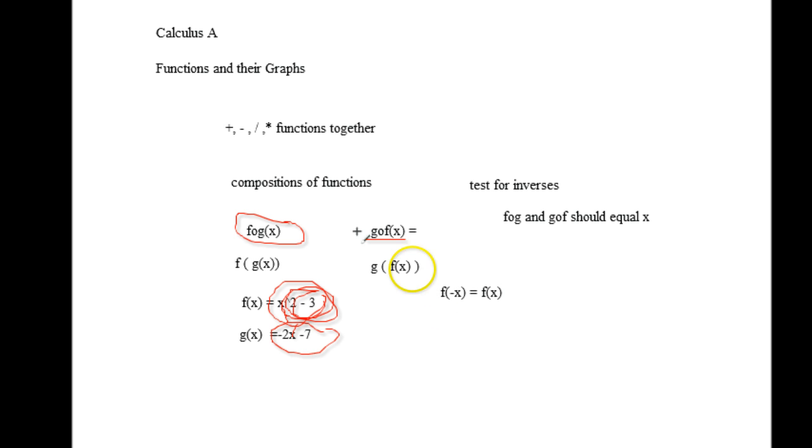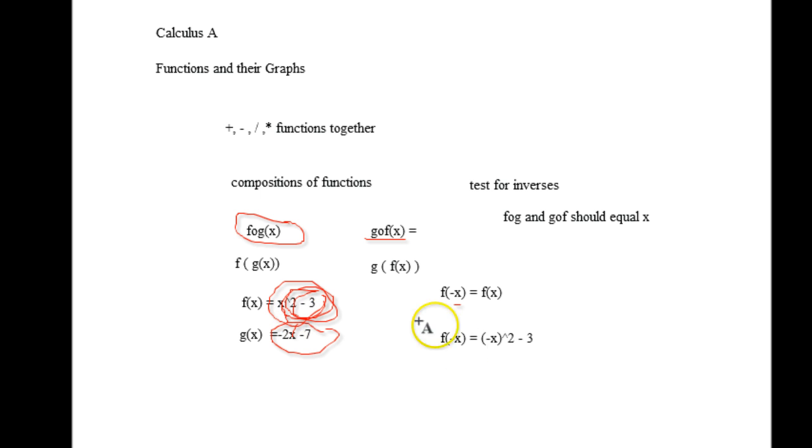What I'm literally plugging in is negative x into the function and seeing if I get the same function. Let's try it: f of negative x equals parentheses negative x parentheses squared minus 3.